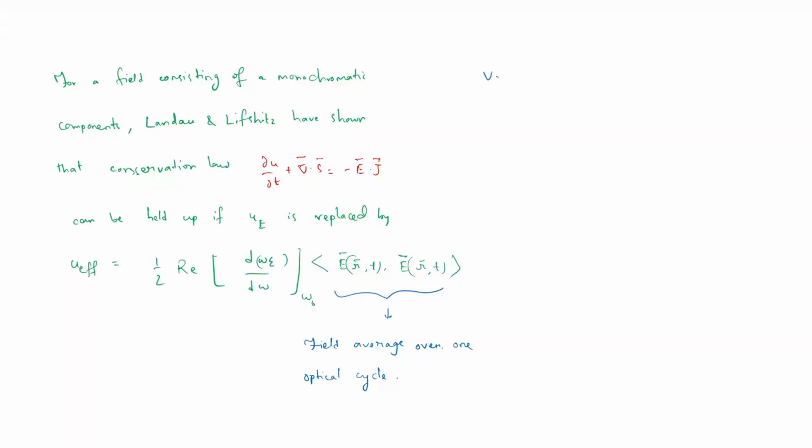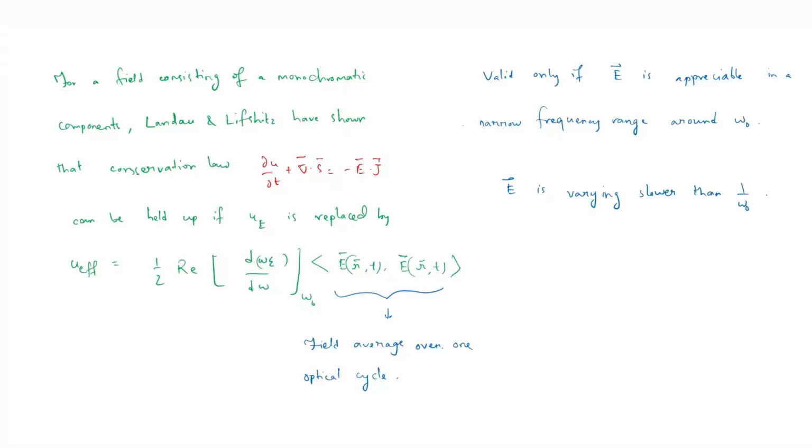This is valid only if E is appreciable in a narrow frequency range, that is, E varies slower than omega naught, and epsilon 2 is small.